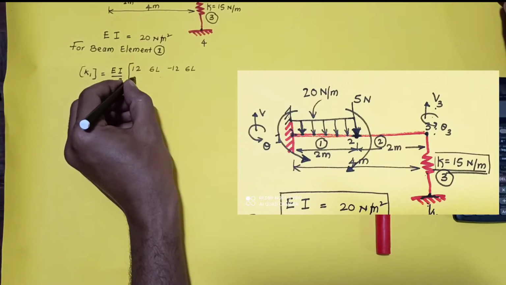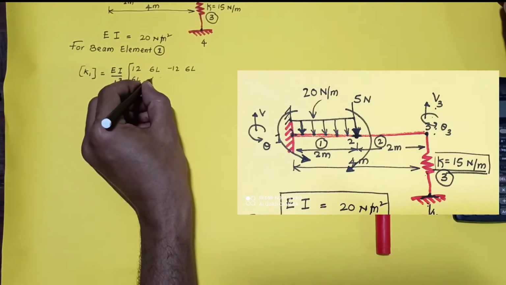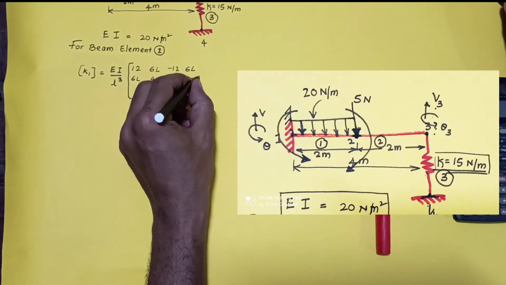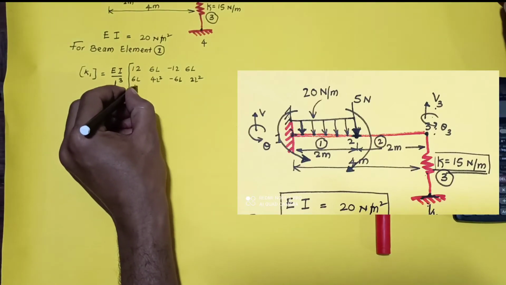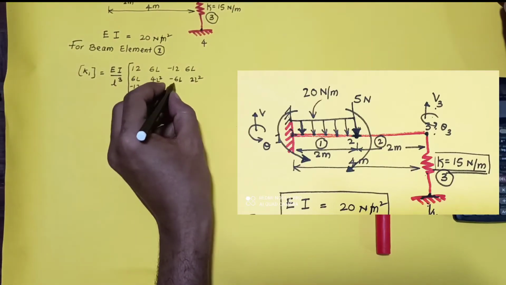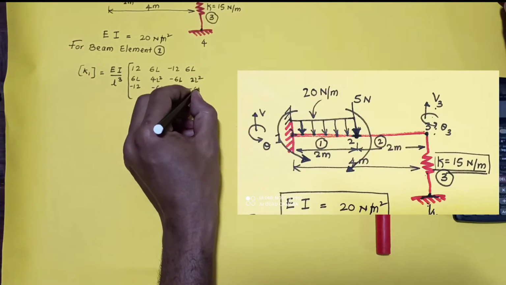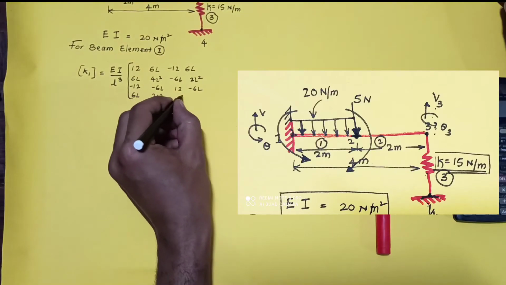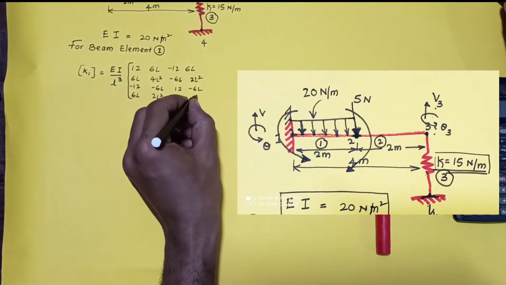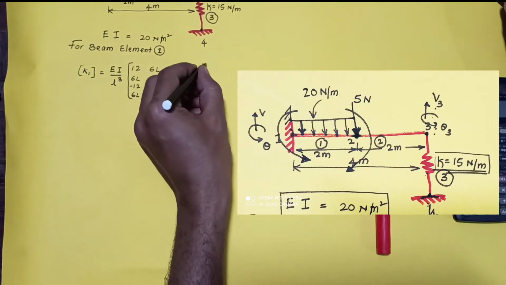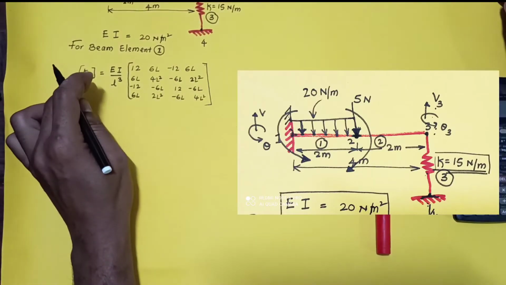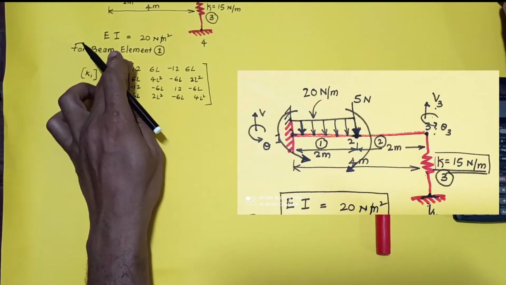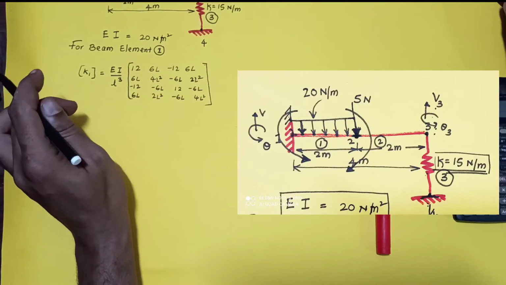Second row: 6L, 4L square, minus 6L, 2L square. Third row: minus 12, minus 6L, 12, minus 6L. Last row: 6L, 2L square, minus 6L, 4L square. So this is the general element stiffness matrix for the beam element.